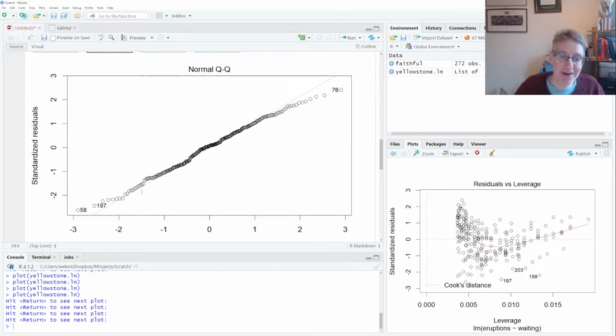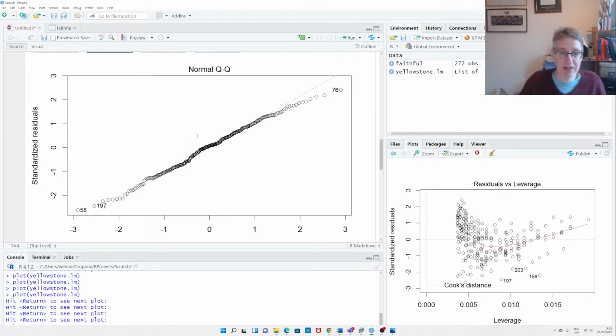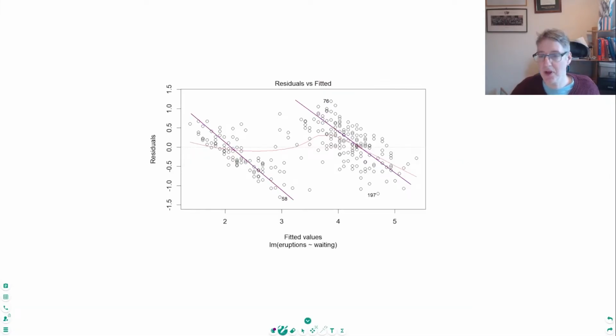And you'll see, well, in the middle they're pretty good, but in either tail there's a kind of pattern here which shows that my residuals are not normally distributed, certainly not at this top end. And again, these are things we'll come back to later. So you might say, well, why do I care about these residuals?